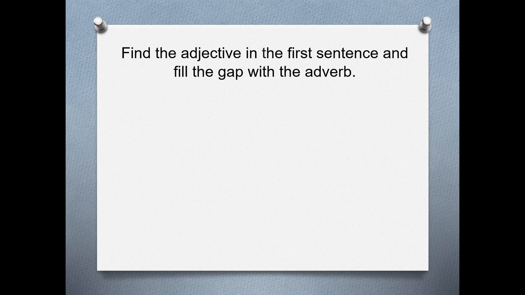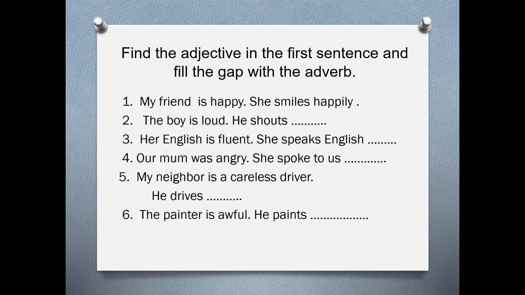Find the adjective in the first sentence and fill the gap with the adverb. Okay, my friend is happy. She smiles happily. This is the example. So you should fill the gap with an adverb like this. The boy is loud. He shouts like that.